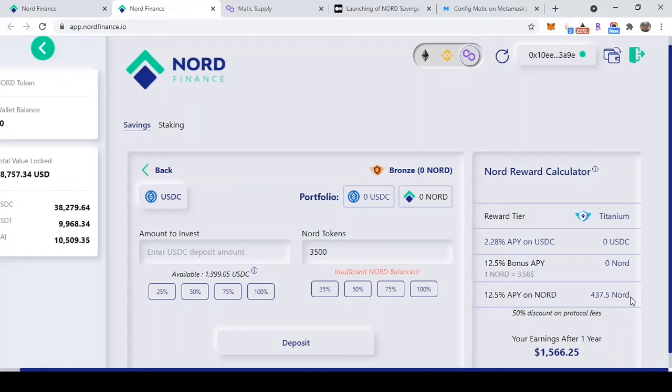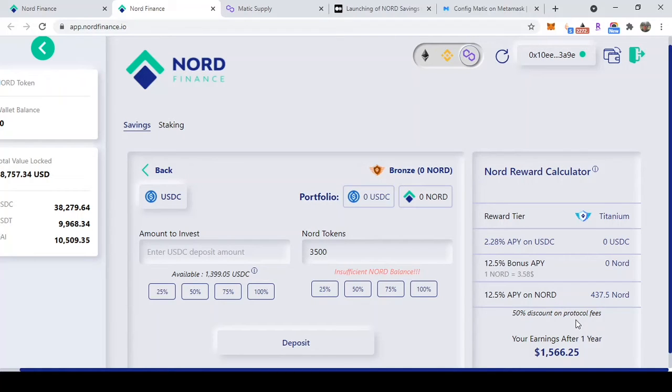It really is that simple. Stake more Nord tokens, earn a higher percentage in Nord tokens. On top of all of this, the Titanium level gives you a 50% discount on protocol fees into the vault.